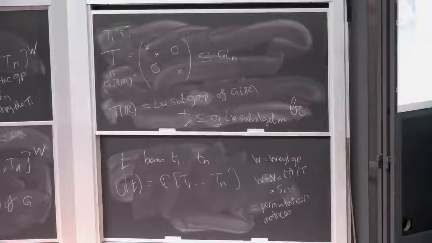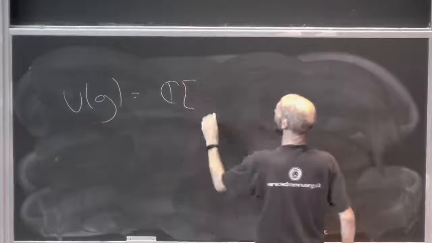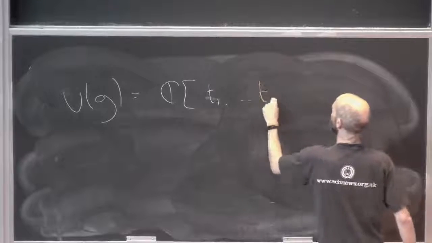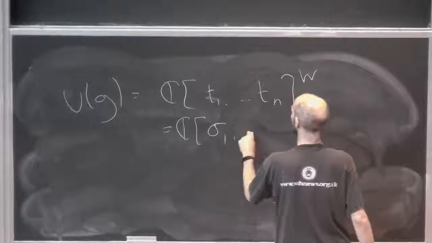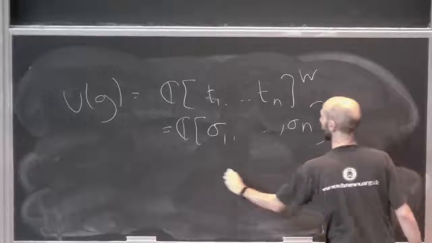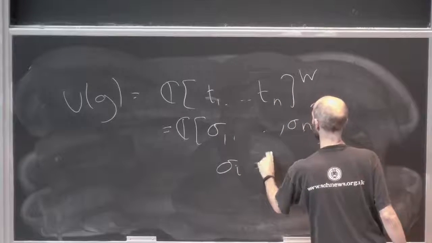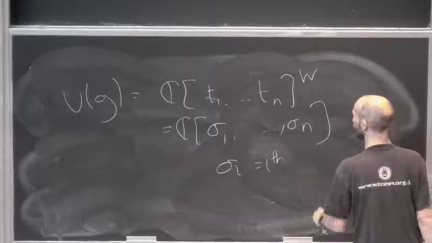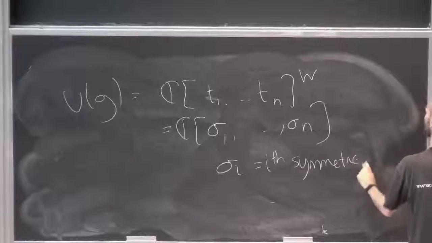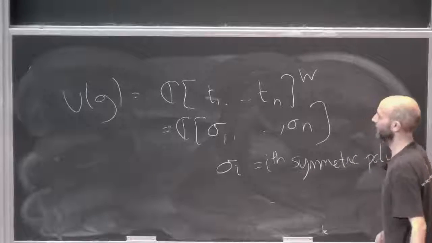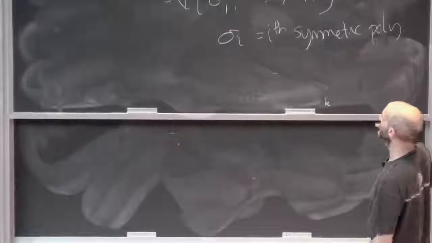So anyway, the center of U of G is C of sigma 1 up to sigma n, which I mentioned last time, where sigma i is the ith symmetric polynomial. What's it called? The ith Newton polynomial or something. By a theorem ascribed to Newton.